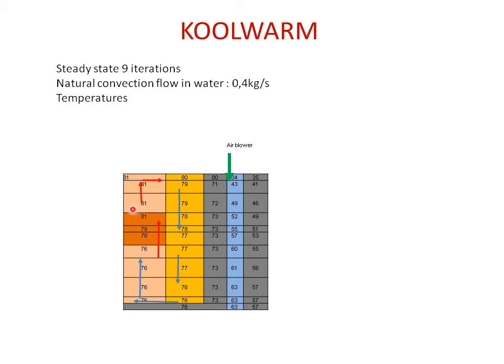You can see the maximum temperature in the hot part is 81 degrees, and in the region which is cooled by airflow, temperature at inlet is 30 degrees and outlet 63 degrees. Water circulation in this part. So the hot part here and cool down here.